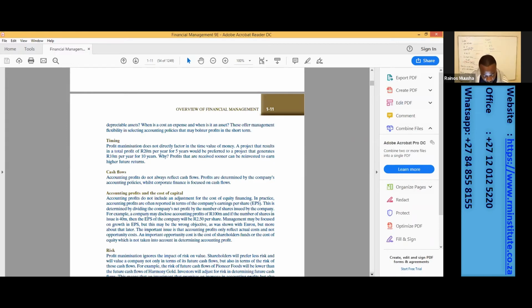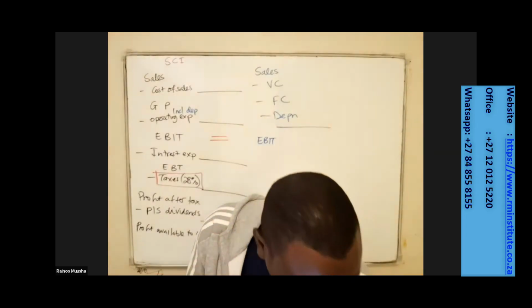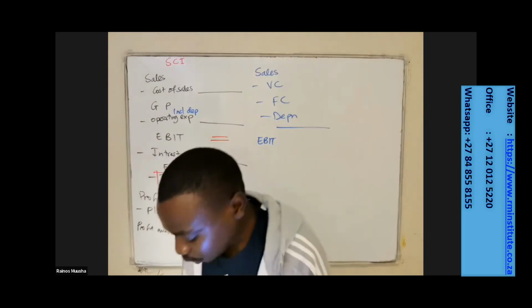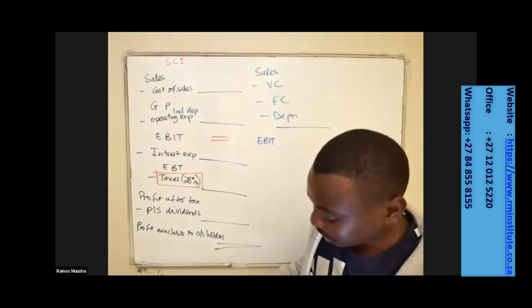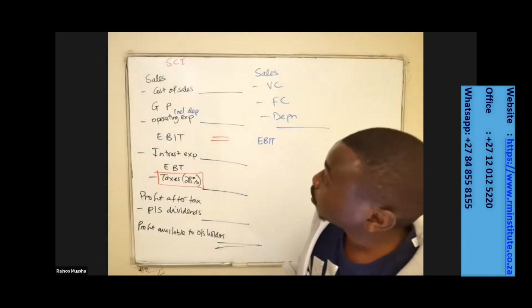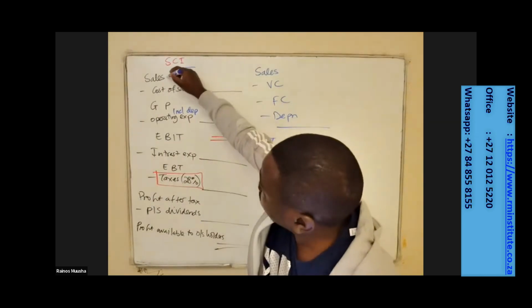Then there's also another issue of cash flows, where they say accounting profits do not always reflect cash flows. Profits are determined by the company's accounting policies, while corporate finance is focused on cash flows. What they're basically saying is that one of the factors that drives profits for the enterprise is your sales.